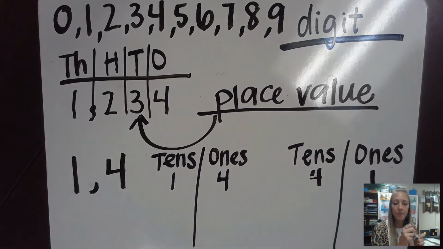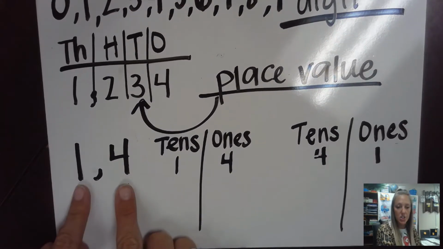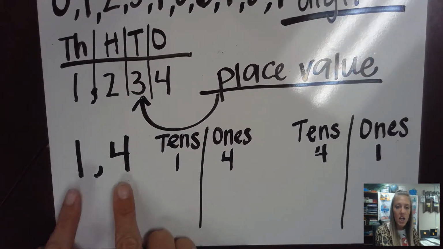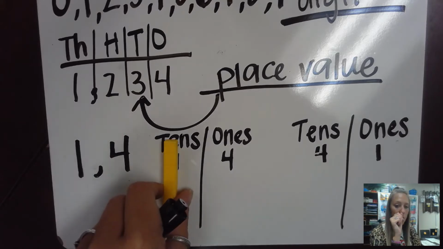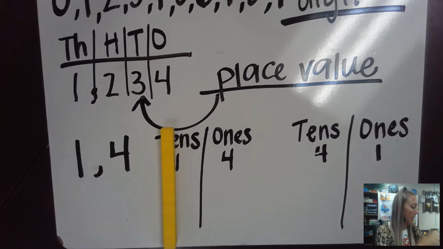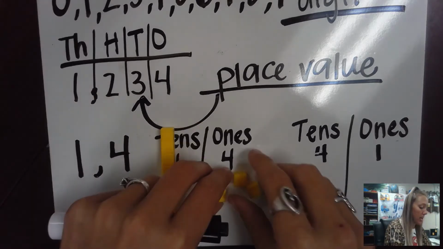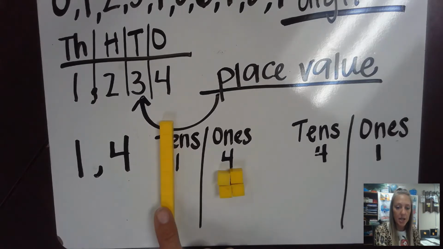For example, we have these two digits, 1 and 4, and we can make two numbers out of it. The first number we can make is 14, where I have 1 ten and 4 ones. This is a 10, a base 10 block, and this is 4 ones.